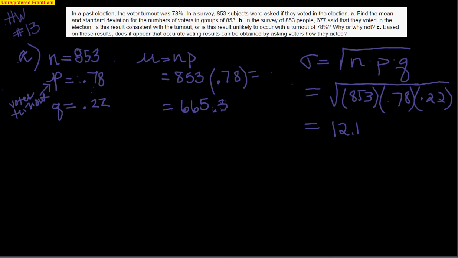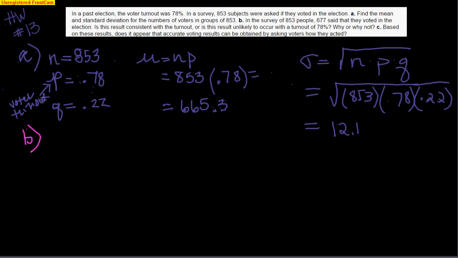Now it says in part B, in a survey of 853 people, 677 said they voted in the election. Is this result consistent with the turnout, or is this result unlikely to occur in a turnout with 78%? Why or why not? So really, in a fancy way, what they're trying to determine is are people really telling the truth?